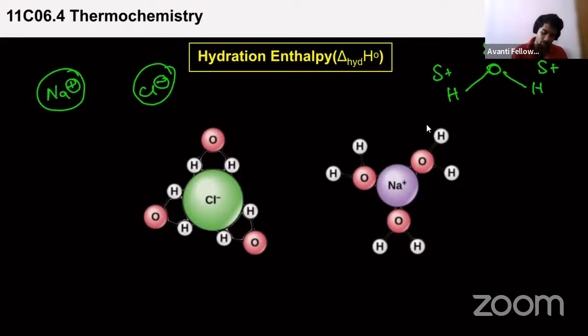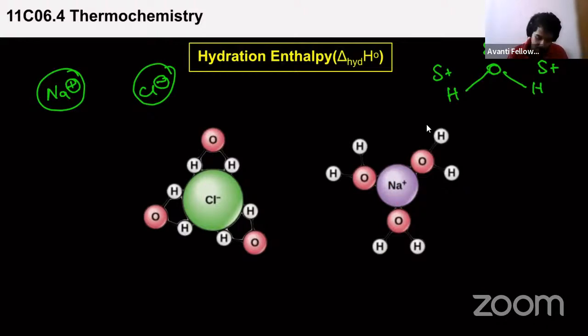So whenever a cation is there, the partial negative of the oxygen will be surrounding the cation and the partial positive of hydrogen will be surrounding the anion. Now what is happening whenever you are dissolving these gaseous ions in the solvent? There are some types of bonding due to the electronegativity difference between oxygen and hydrogen as well as the ions which we are taking.